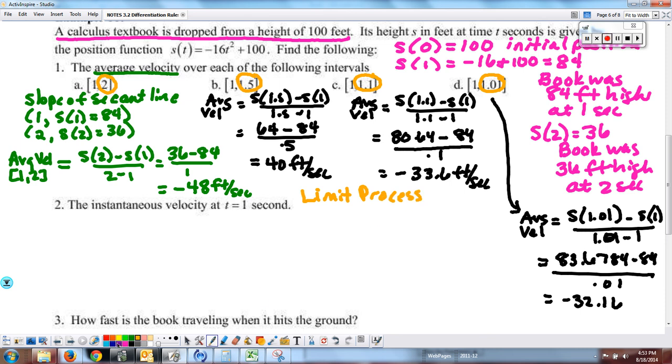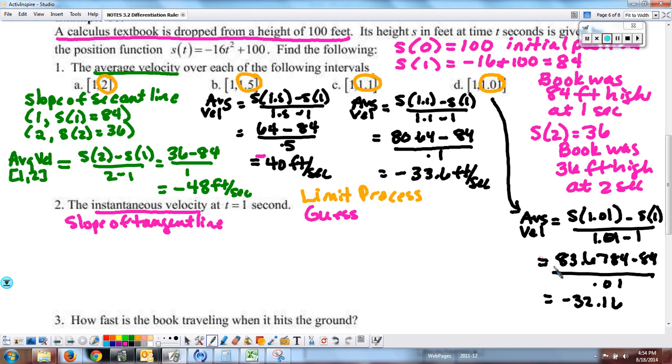where if I wanted to, and I was just happy with a guess, I could guess the answer to number 2. The instantaneous velocity, your slope of the tangent line, I could guess by looking at the slopes of the secant line as they are picking values that are closer and closer to 1. So I was negative 48, and then we were at negative 40, then negative 33.6, then negative 32.16.